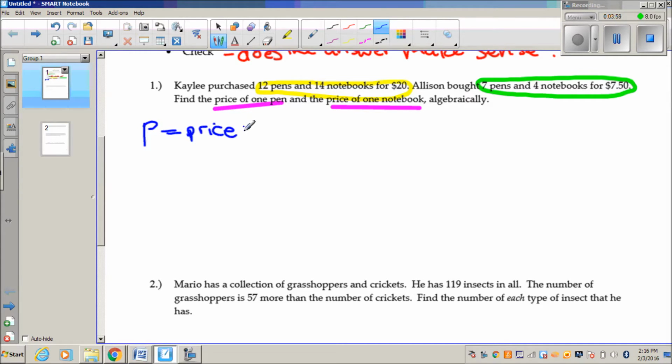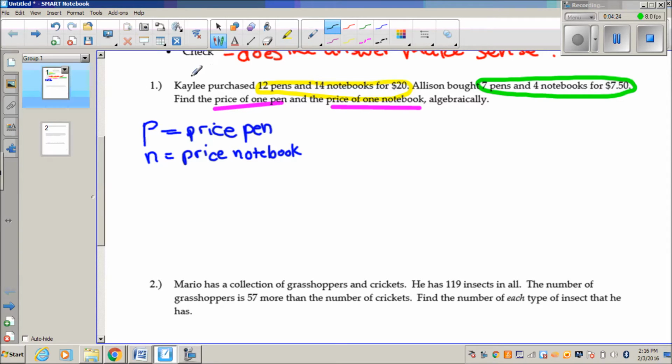I'm going to say P is the price of 1 pen. And then I'm going to use N as the price of 1 notebook. It's going to help me keep track of what's going on in my equations. I want to find the price of 1 pen and the price of 1 notebook, because that's what the question is asking me. Okay, so now it's time to write some equations.